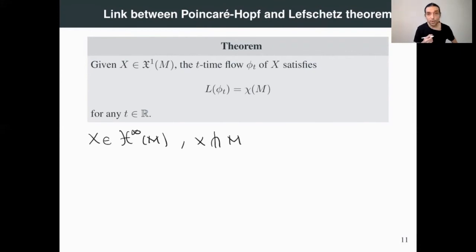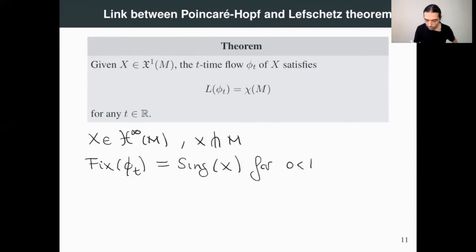And what happens is that if we consider a very small t, the set of fixed points of the flow of X in time t is equal to the singular set of X. And this happens for t that is obviously different than 0, but small, okay?